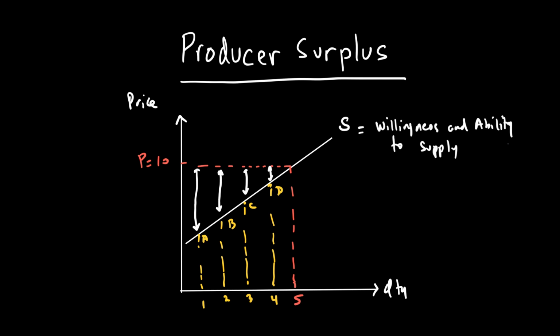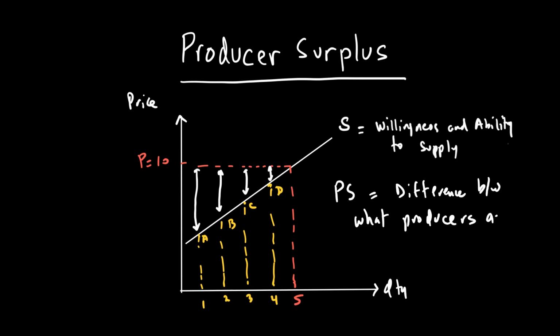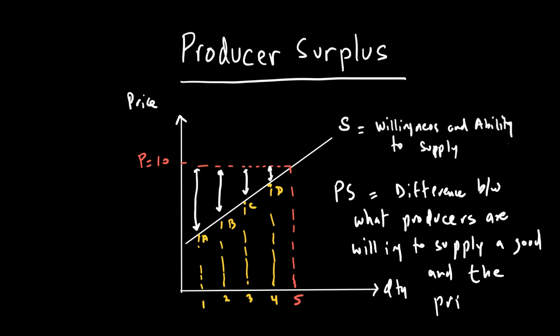So let me write the definition for it. Producer surplus is the difference between what producers are willing to supply a good for and the price they actually receive.